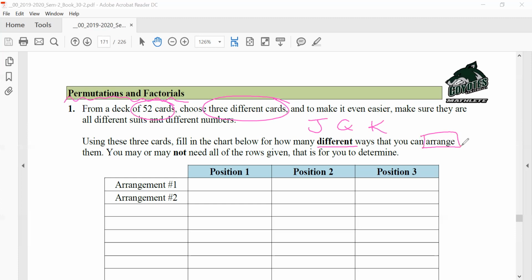So how many unique ways could I do this? So I could do this. I could do this. So your job right now is to pause the video, go and figure out how many ways you could do that. And when you're done trying, unpause, and I will be waiting for you. Have fun.